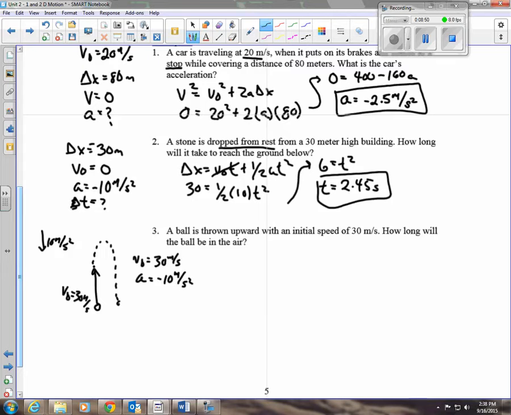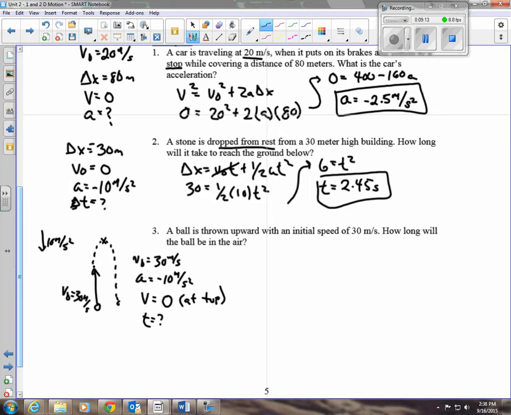I have to find a third one. Now, there's a very important point, okay, at the very top up here. At the very top, it's not going up and it's not going down. It's momentarily at rest. So v is 0 at the top. All right, and then I'm trying to find t, the time in the air.